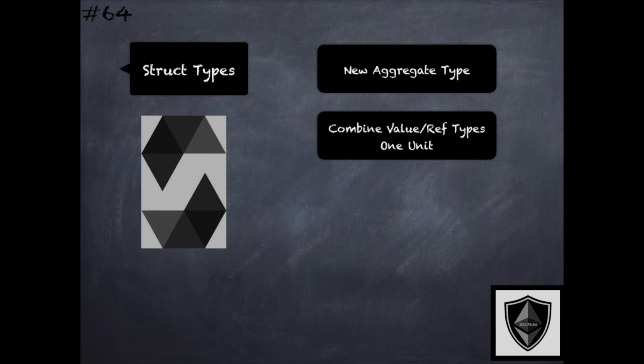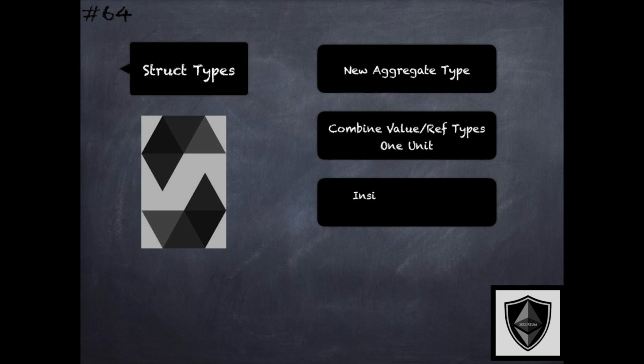So these are used extensively within smart contracts, very commonly encountered in really almost all smart contracts that you would see in Solidity. Some of the properties of struct types are that they can be used inside mappings and inside arrays, and they themselves can contain mappings and arrays.